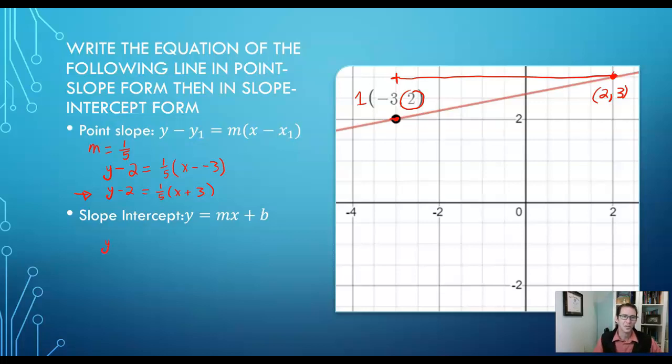So that's going to be y minus 2 is equal to 1/5 multiplied by x plus 1/5 times 3, or in other words, 3/5. And now I'll add 2 to each side.